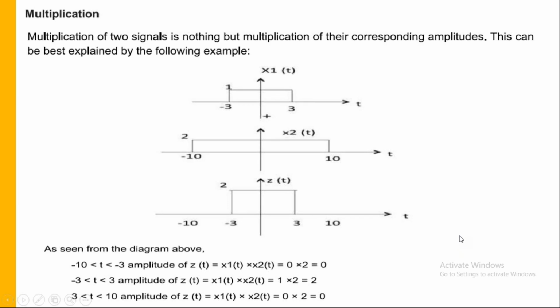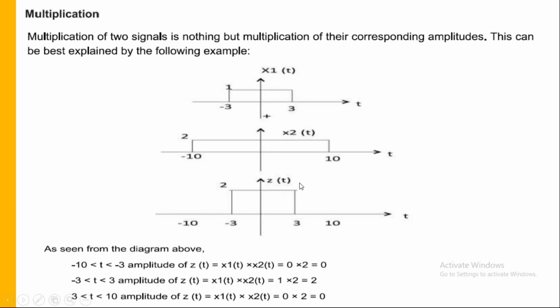So try to understand, I'm varying only the amplitude part. When I am varying the amplitude part, I can scale the amplitude. I can increase the signal. I can decrease the signal. I can make the signal with some reference one. I can add the signals. I can subtract the signals. I can multiply the signals also.